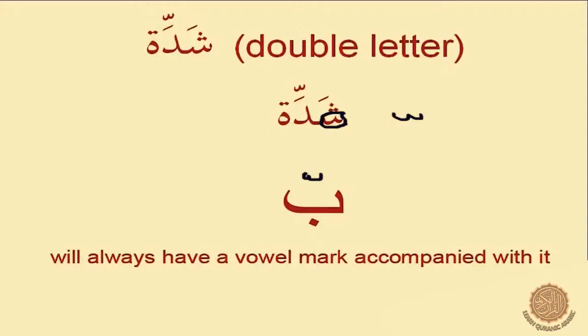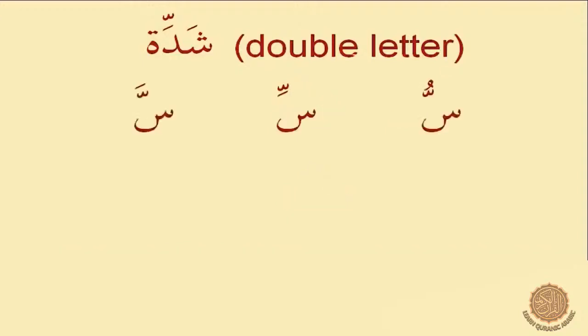Now, a point to note is that the shadda will always have a vowel mark accompanied with it. Either the fatha, the dhamma, or the kasra. So, for example, we have here three seens with a shadda and the three different harakat. So, as you can see, the shadda with a dhamma, the shadda with a kasra, and the shadda with a fatha.